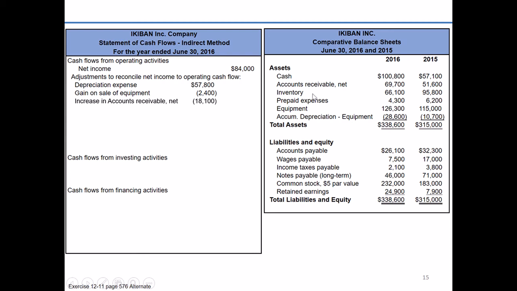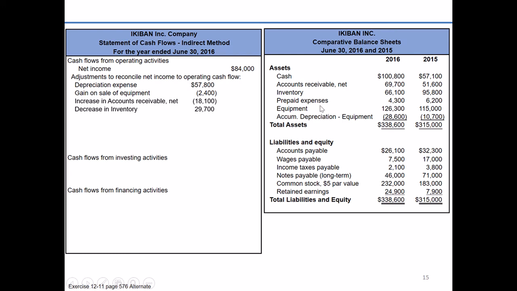Our next non-cash current asset is going to be inventory. Inventory decreases from $95,800. If we subtract out $66,100, which is the 2016 balance, that's a total decrease of $29,700 from 2015 to 2016. If you recall, a decrease of a current asset is shown as an increase in our operating section to reconcile net income.